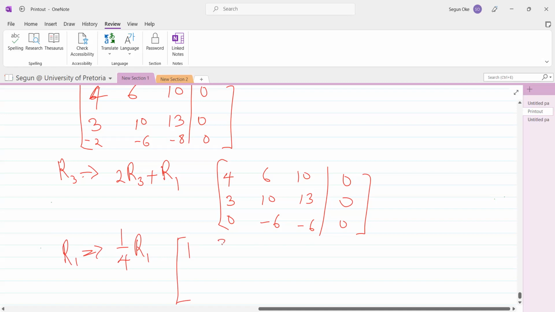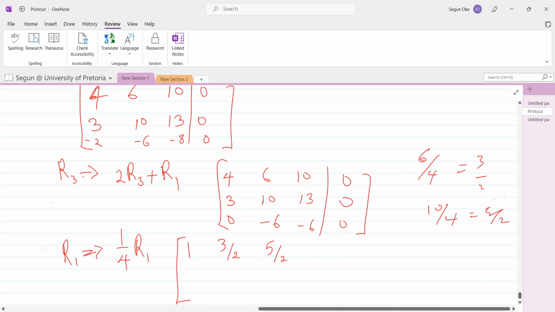This is 3 over 2, not 2, right? Are we there? Yes, sir. Here we have 5 over 2. I'm just saying 6 divided by 4, which is 3 over 2, and 10 divided by 4, which is 5 over 2. So that's what I did.